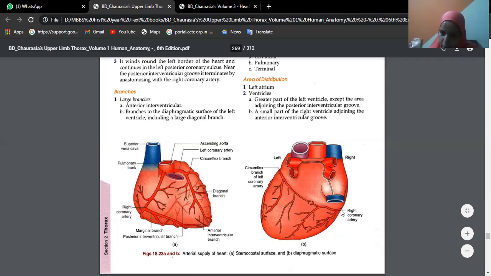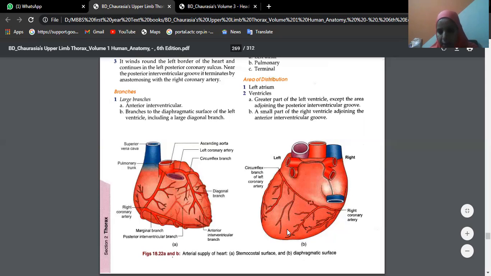Now, coming to the further continuation of the journey of the right coronary artery, it descends downwards, and between the two ventricles, it continues as the posterior interventricular artery. This posterior interventricular artery majorly gives blood supply to the right ventricle, and a few branches also go and supply the left ventricle.